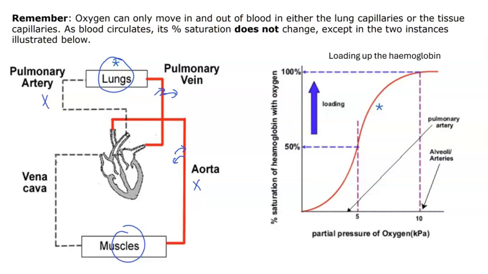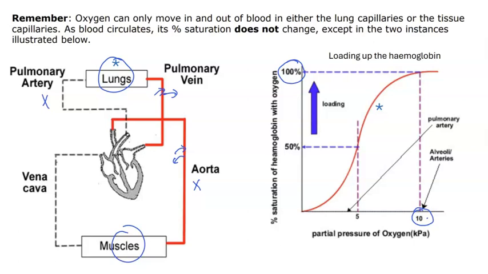If we come across to the oxygen dissociation curve here, we can see that if we are at a partial pressure of 10 kilopascals, then hemoglobin will be 100% saturated, fully loaded with oxygen.